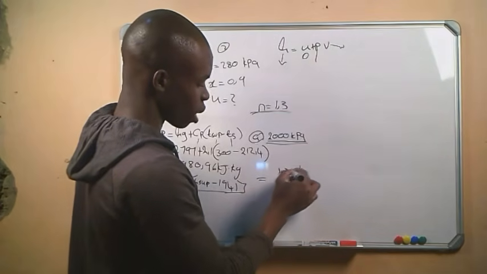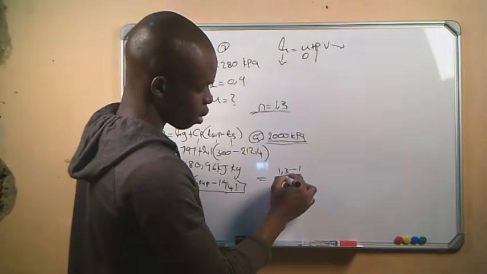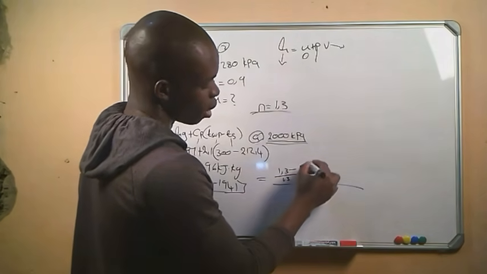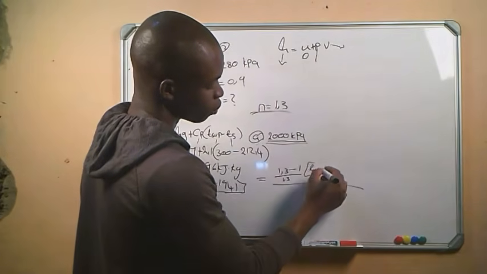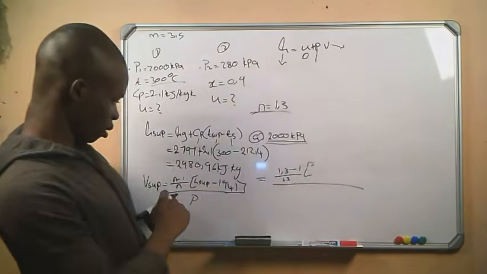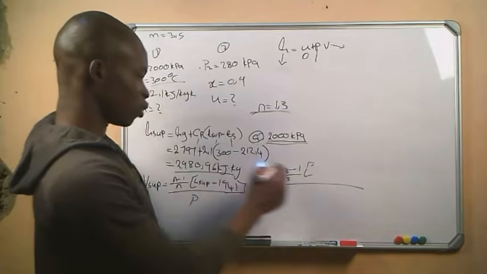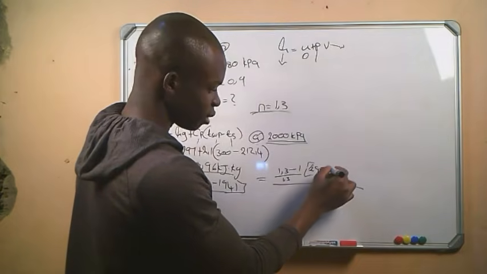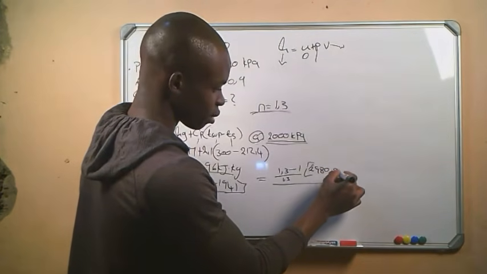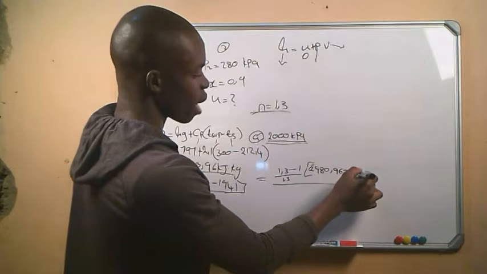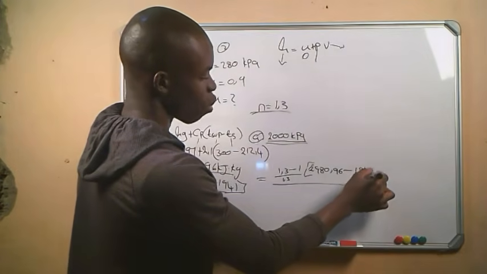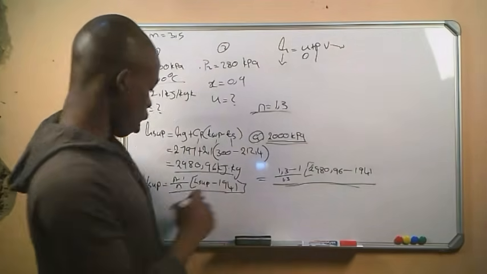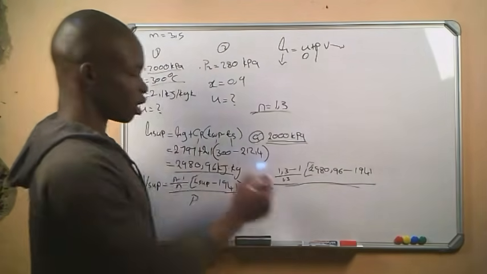Our H sup we have calculated is 2980.96 minus 1941, divided by our pressure, which is 2000 kilopascal.